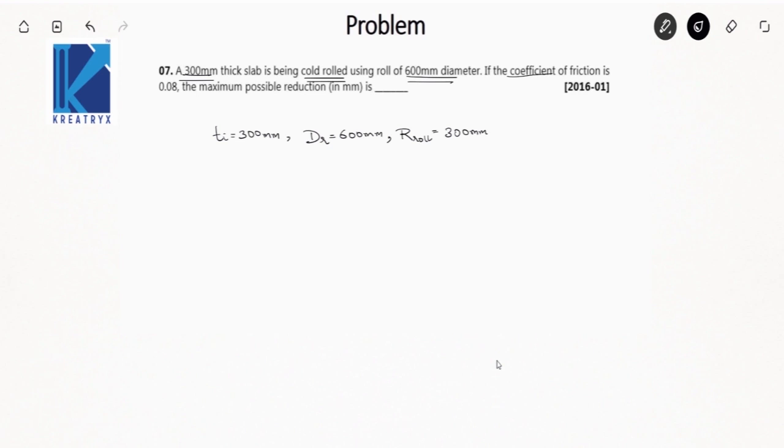They have also mentioned the coefficient of friction, mu equals 0.08. They have asked for the maximum possible reduction. This question is again based on the same formula, delta H max equals mu square R. Substituting the values of mu and R as 0.08 whole square into 300, we get 1.92 mm. So this is the answer.